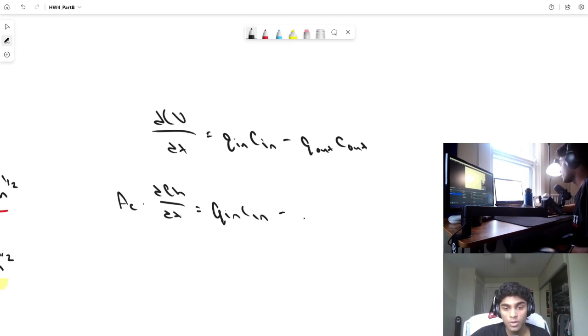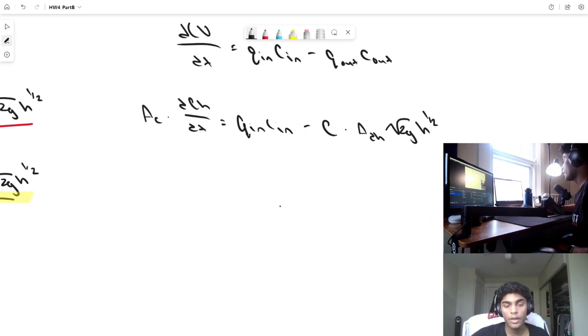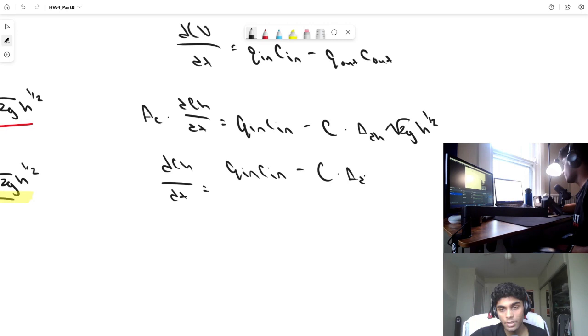We already said that the concentration coming out of the tank is going to be equal to the concentration inside the tank, so we're just going to label that C. And our Q out, as always, is the area of the drainage hole times the square root of 2g times h to the 1/2. Now, we'll divide by the cross-sectional area, so d(CH)/dt equals Q in C in minus C times A of the drainage hole times square root of 2g h to the 1/2, all over the cross-sectional area.